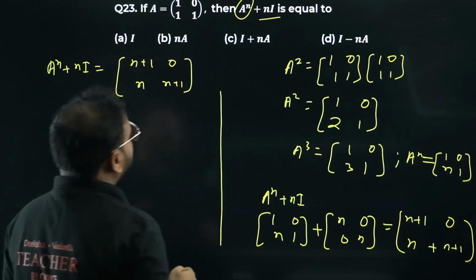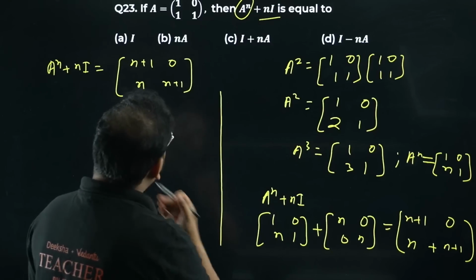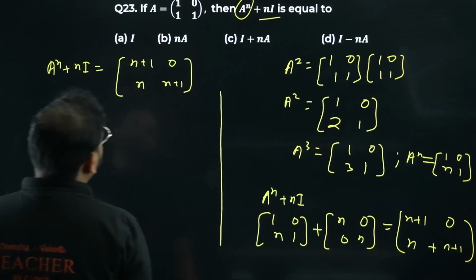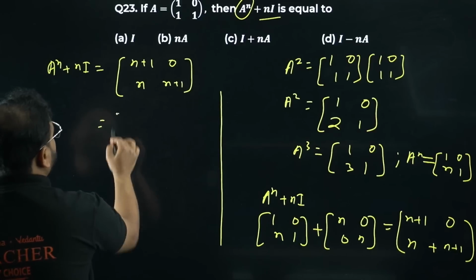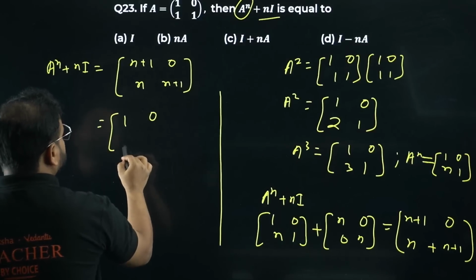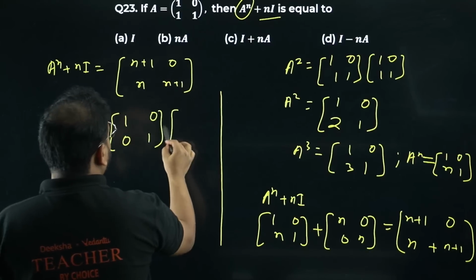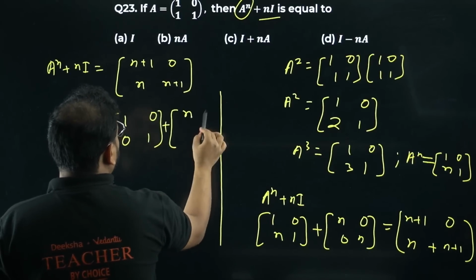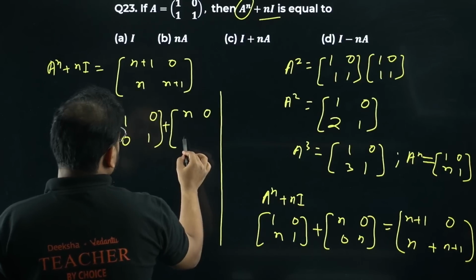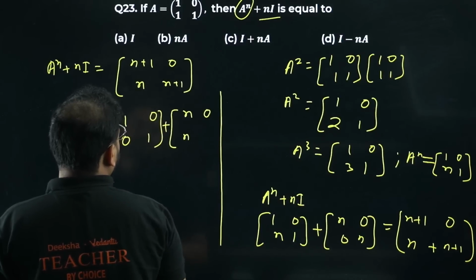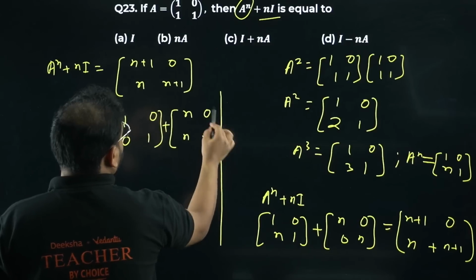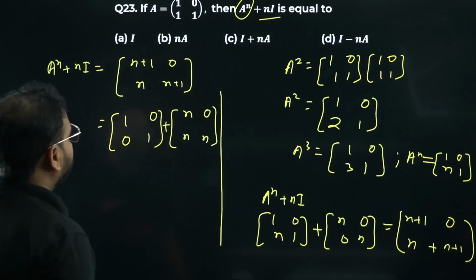If I separate this somehow, please check, I can write this as [1, 0; 0, 1] added to [n, 0; n, n].